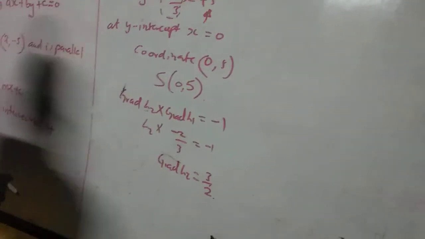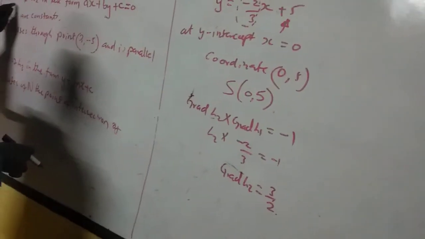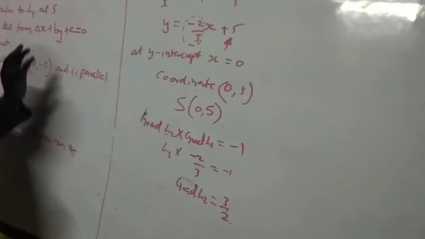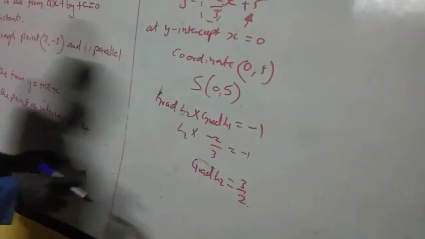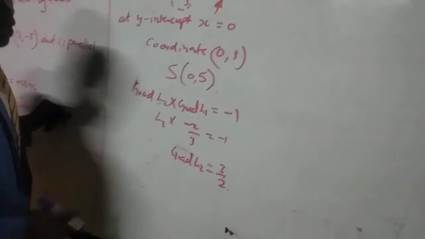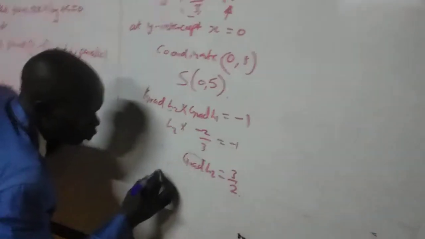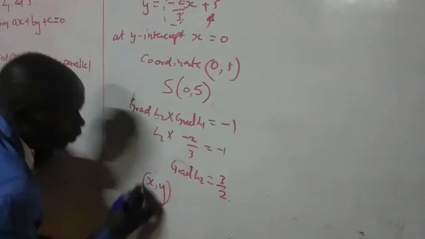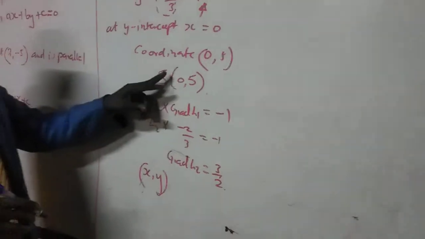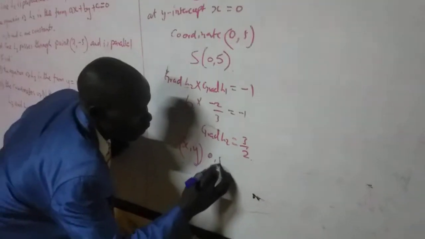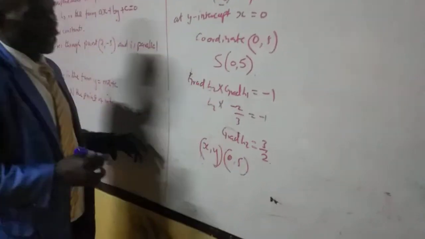So because we are asked to find the equation of L2, we now take a general point x, y, and L2 is going to pass through point S, that is point 0, 5, and we use this to find the gradient.